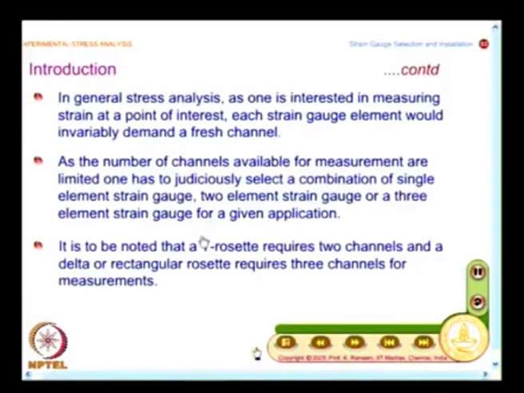And this is what is emphasized again: you need to know that a T rosette requires 2 channels and a rectangular or delta rosette requires 3 channels for measurement. So, you should know the distinction between what you want to measure and how many channels you use. It looks very simple, but when you ask in the examinations, people make mistakes. So, have clarity in this aspect.